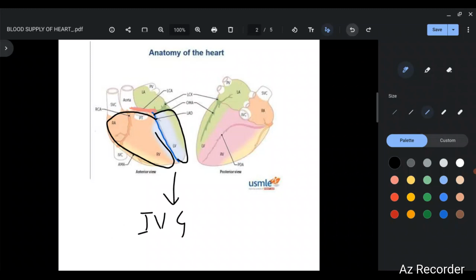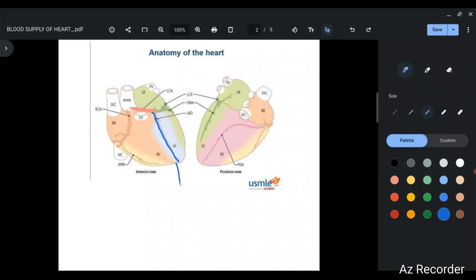Very easy and amazing. So let's talk about the area of supply of this left anterior descending artery. It supplies the anterior surface of your left ventricle. Then during its course this artery turns around and comes onto the posterior surface, and it gives a branch known as the left circumflex artery, which supplies your left atrium, both anteriorly and posteriorly.